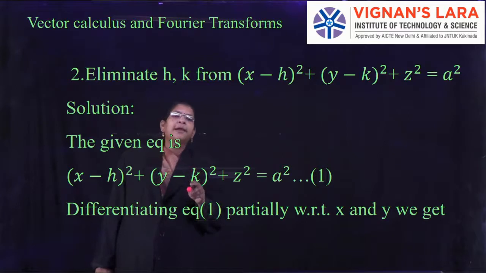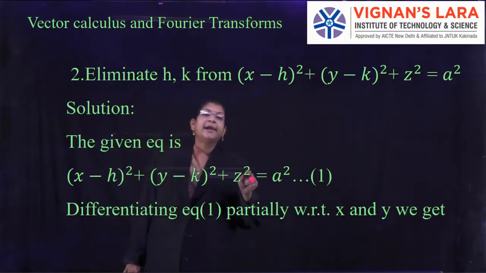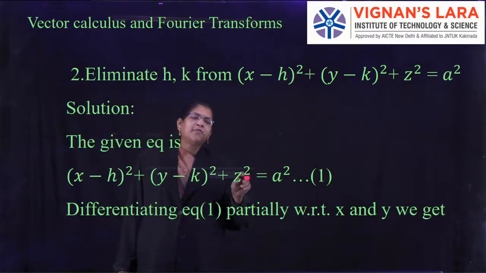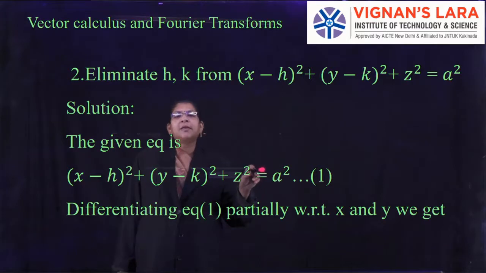Therefore, (y − k)² is a constant. Therefore, the derivative is 0, plus. Here, z is a function of x and y. z is not a constant. So, what is the derivative for z²? 2z ∂z/∂x, which is equal to, what is the derivative for a²? The derivative for a² is 0.